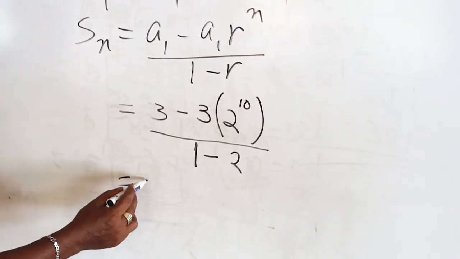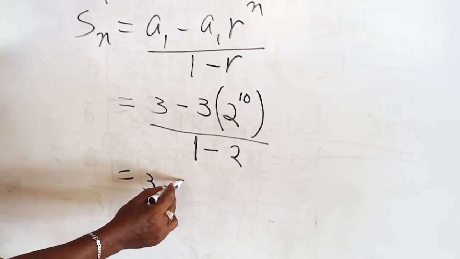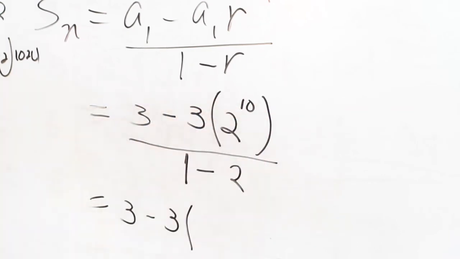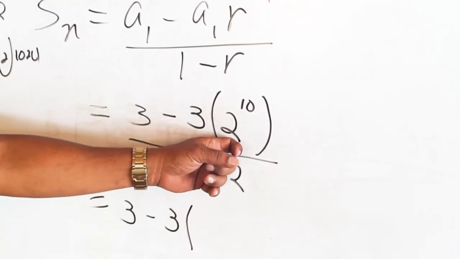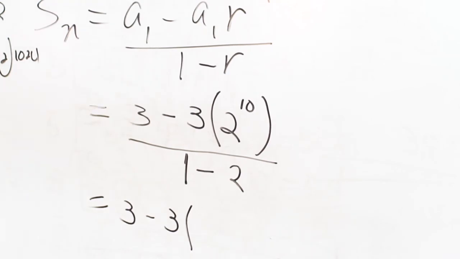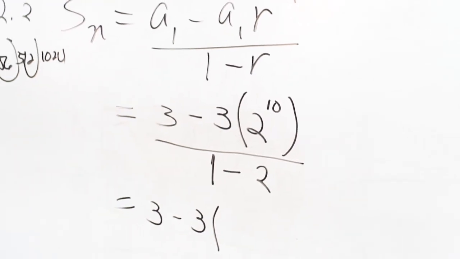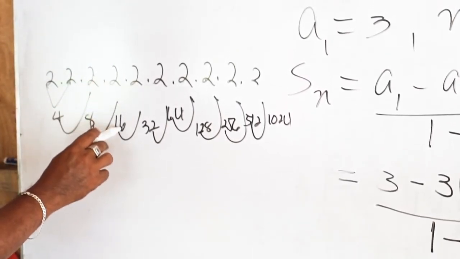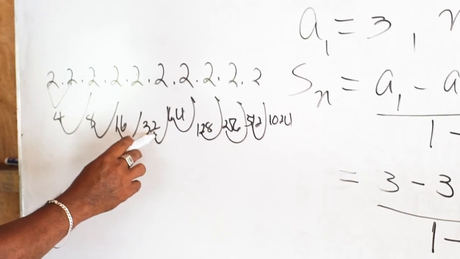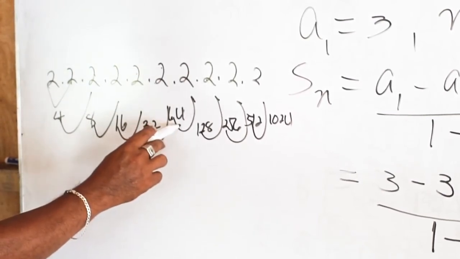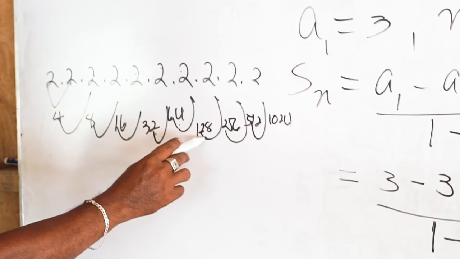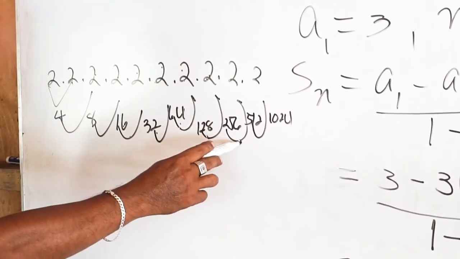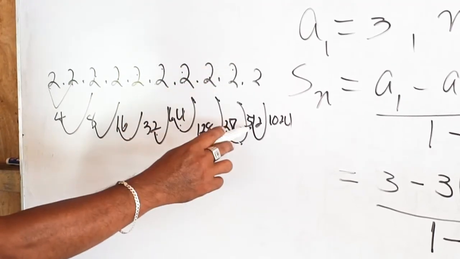Then we have here 3 minus 3, open quantity, 2 raise the power of 10, then close quantity. So meaning, multiply by itself 10 times. So we have here 2 times 2, 4. 4 times 2, 8. 8 times 2, 16. 16 times 2, 32. 32 times 2, 64. 64 times 2, 128. 128 times 2, 256. 256 times 2, 512.